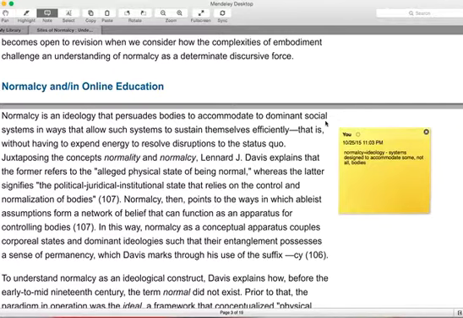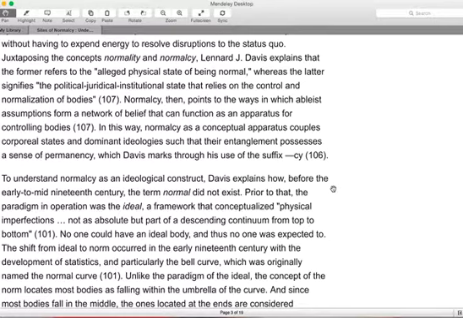I might also want to mark the idea of normalcy as a construct, which we started to see in the second paragraph. Again, that seemed like another major idea since they took a full paragraph to explain what that meant. So again, I might make an annotation such as, normalcy, it's a construct.